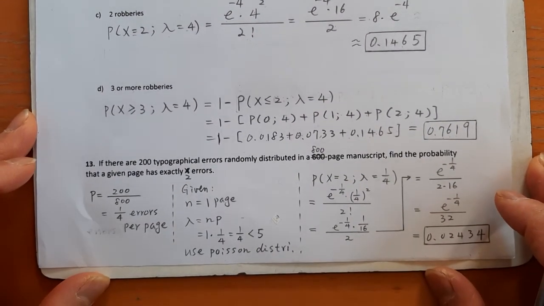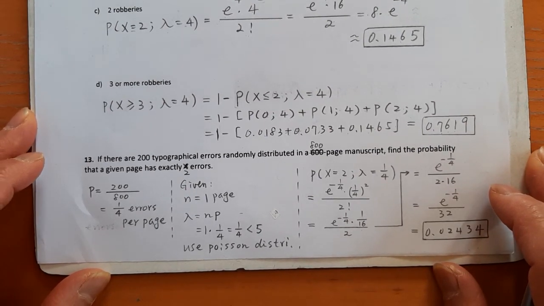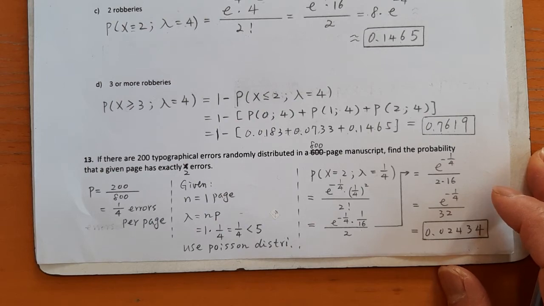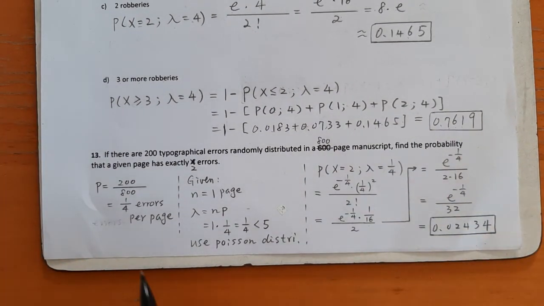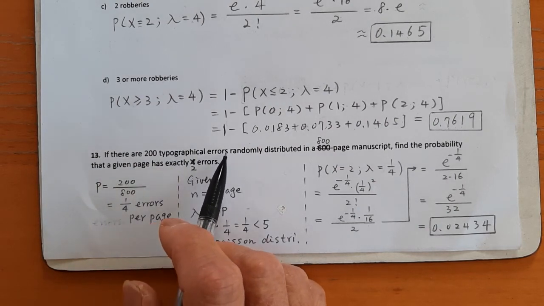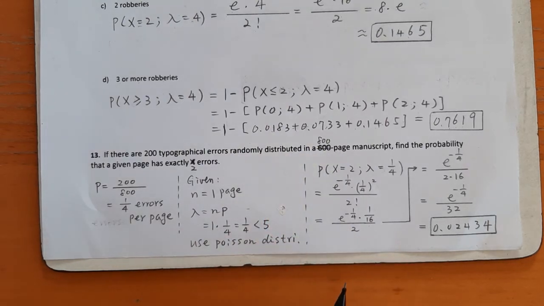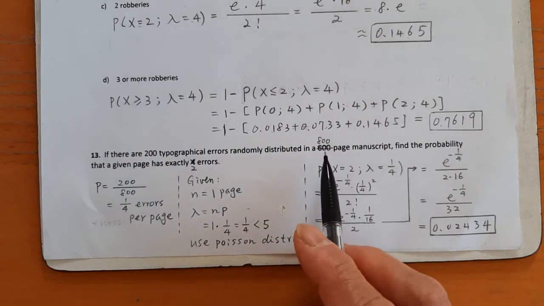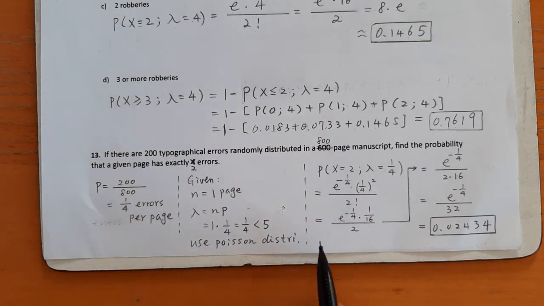Question 13 is also a Poisson distribution example. There are 200 typographical errors randomly distributed in 800 pages. So among 800 pages, there are 200 errors. So on average per page, how many errors?